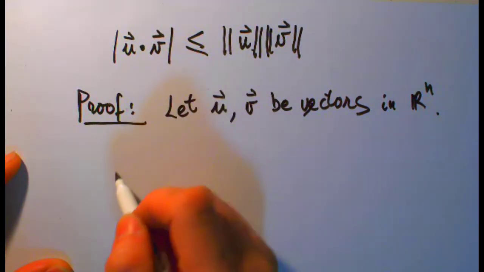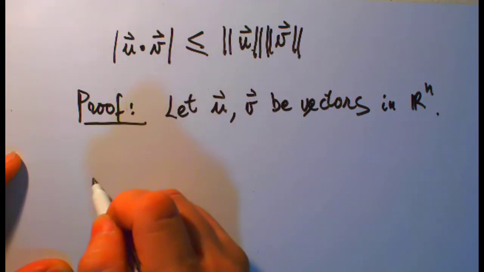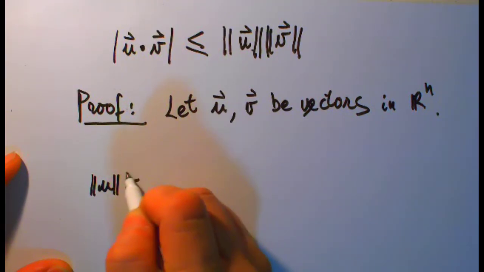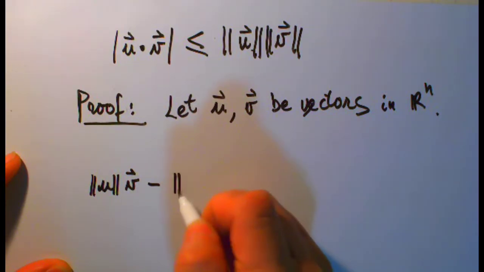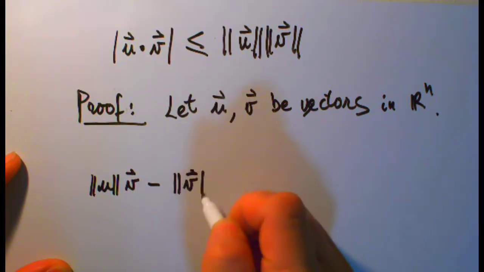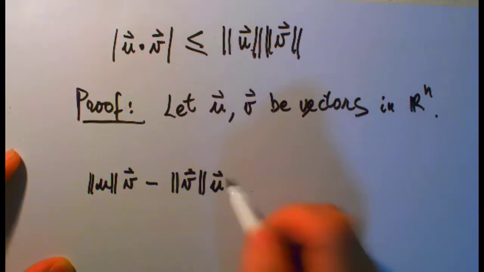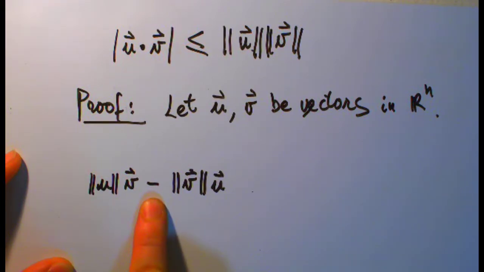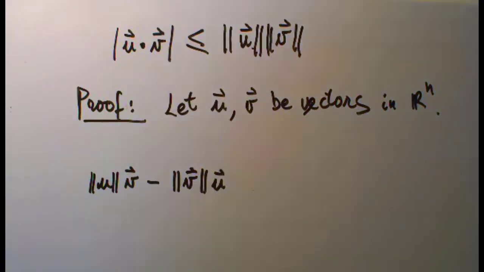Then this is what I'm starting out with. I am going to define a vector: the length of u as a scalar multiplied with v, minus the length of v as a scalar multiplied with u. So let's look at that vector over here. It's a vector, and the difference of two vectors is another vector.